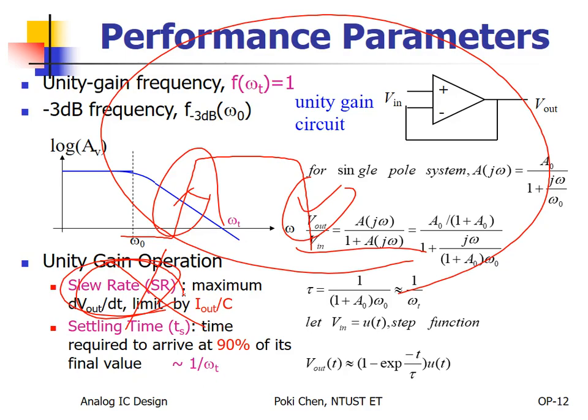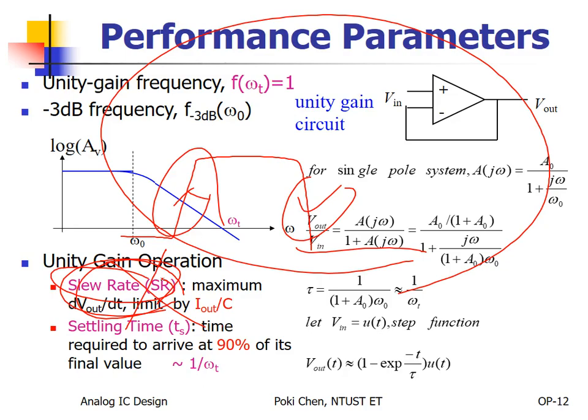So as a good enough engineer, how much should the slew rate be? Again, good enough. That's it. According to your specification and your application, if the slew rate is maybe 30% better than the specification, I think that's good enough. At most 2 times larger, good enough.